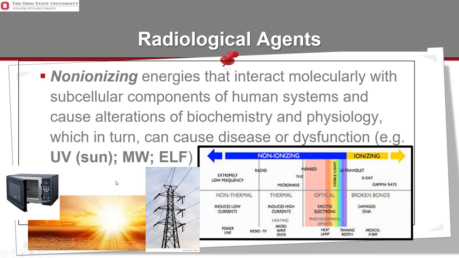So what is the application? What are some major examples of concerns from an environmental public health perspective? Well, UV light, specifically UVB rays from sunlight, natural sources, microwaves from communication towers, but microwave ovens that can leak.